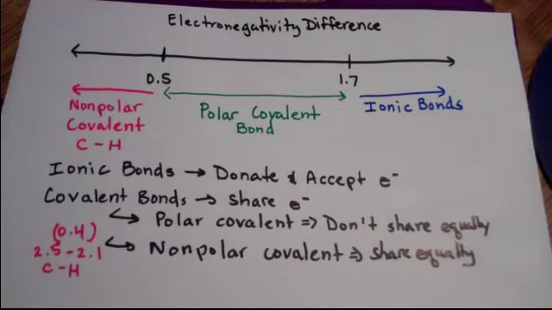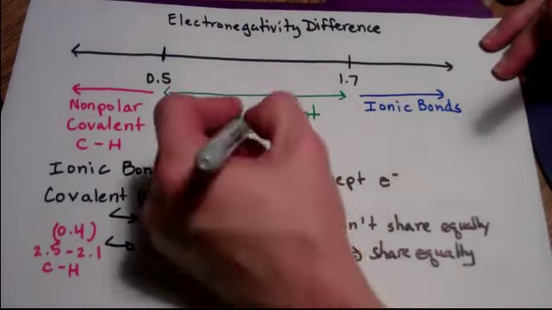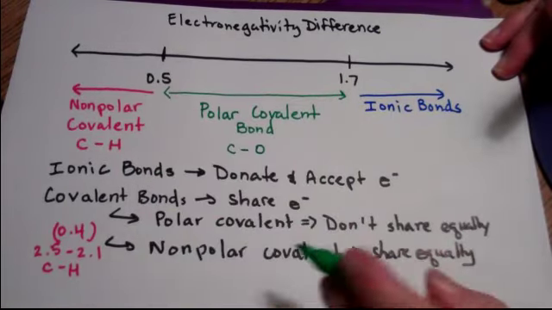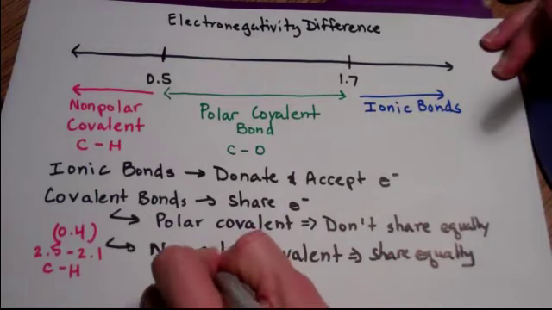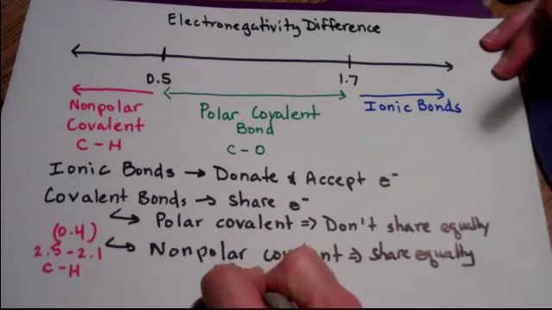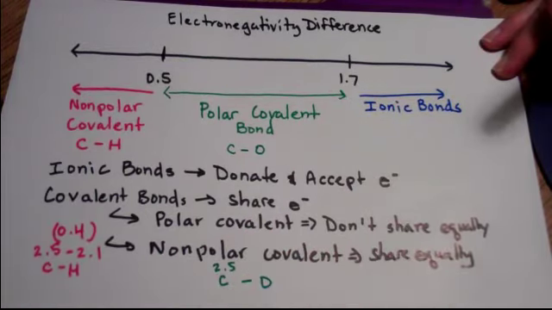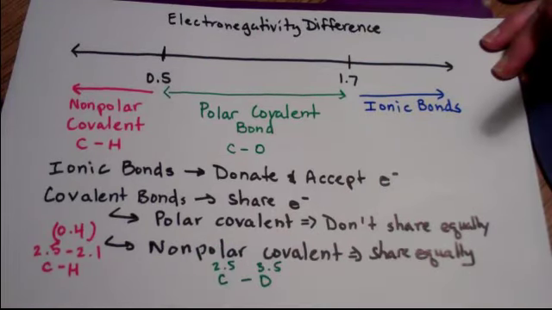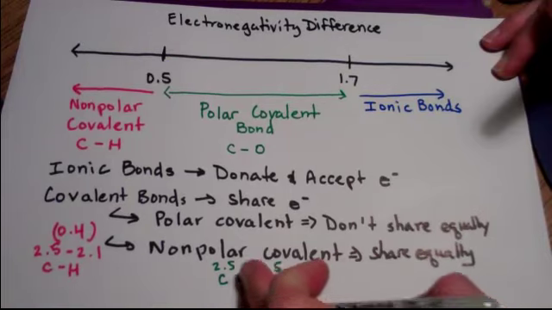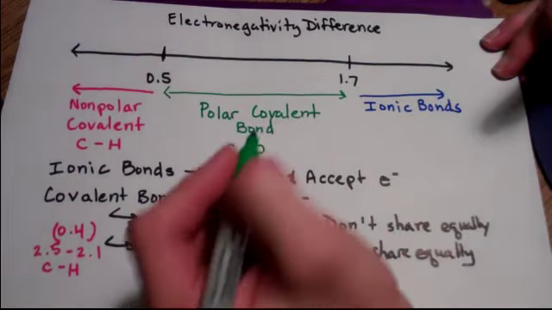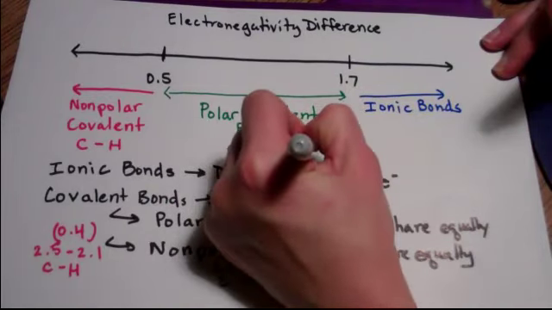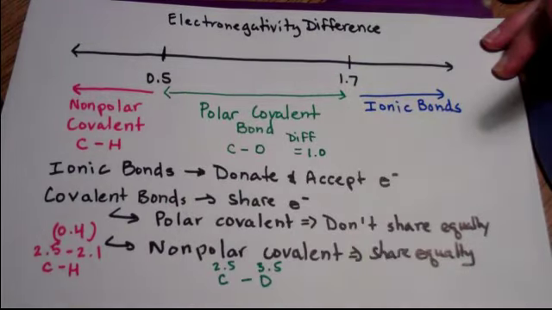A good example of a polar covalent bond would be when carbon bonds with oxygen. So carbon again is going to be 2.5, and our oxygen is the more electronegative partner in this case, up at 3.5. And so when we take the difference, 3.5 minus 2.5 is going to give us the difference of 1.0 in this case.